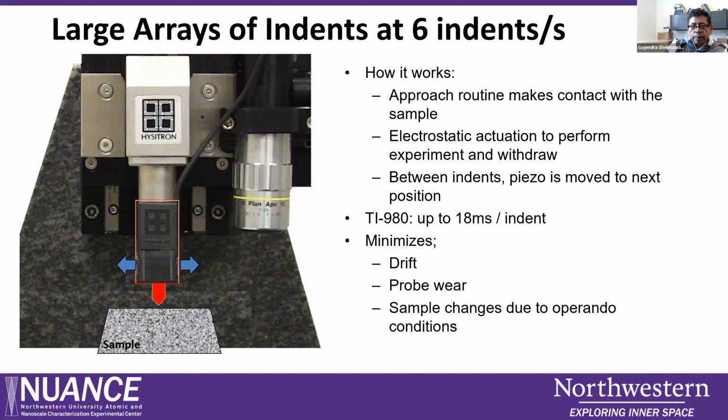It's fully automated, and we use transducers for actuation. It also has an integrated piezo, so you can do mapping. The piezo allows you to move from one spot to another, which minimizes drift and probe wear. It has closed chambers, so you can also work at different temperatures. This significantly allows us to do very large area indents in a short duration of time.